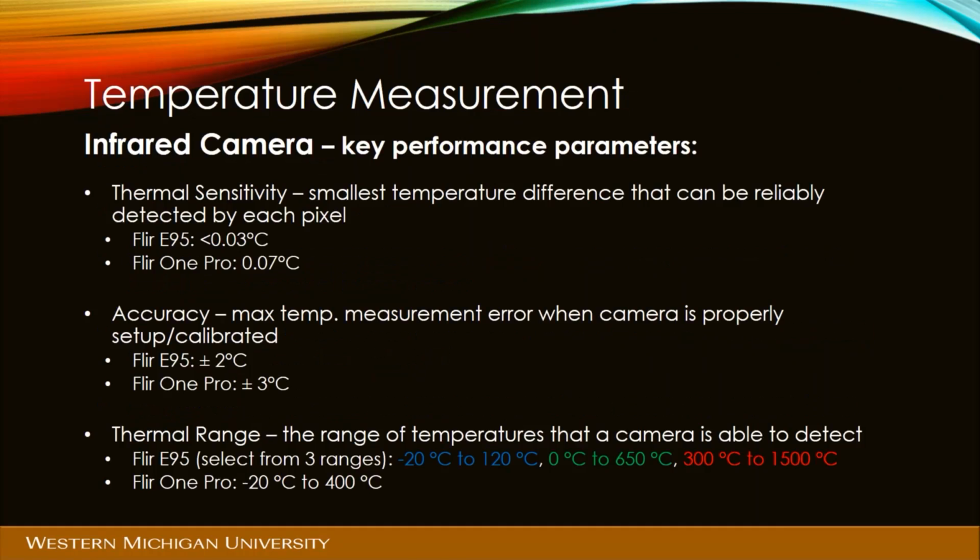So there's some key performance parameters. The first is the thermal sensitivity, and all these. So thermal sensitivity is how much of a temperature difference can be reliable. For the cameras we have, for instance, the FLIR One Pros, those are about $400.